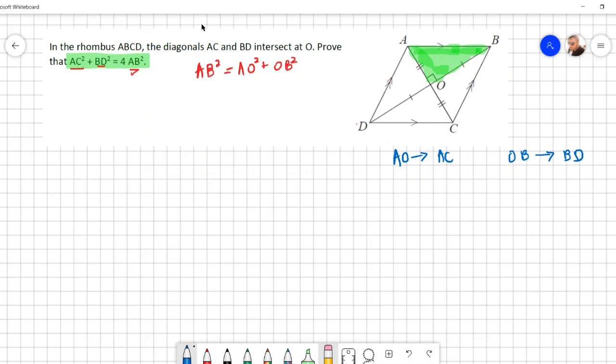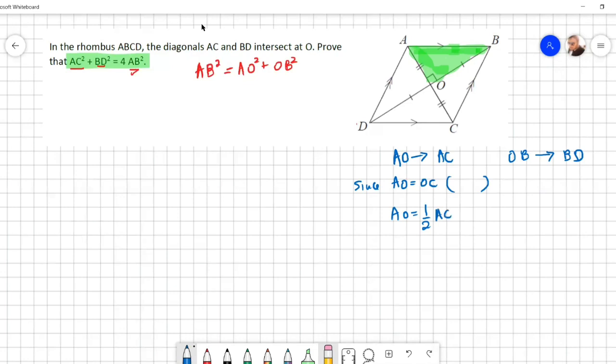So I'm trying to build up a connection between this. Now, if I look at AO and AC, you will realize since AO equals OC, you have to write the reason: diagonals bisect each other. Since AO is equal to OC, O becomes the midpoint. Therefore, I can tell AO is actually half of AC.